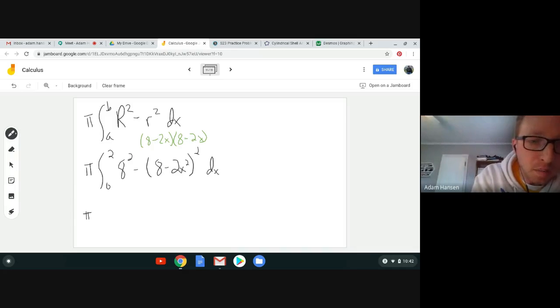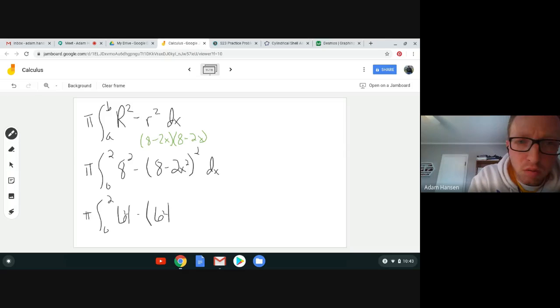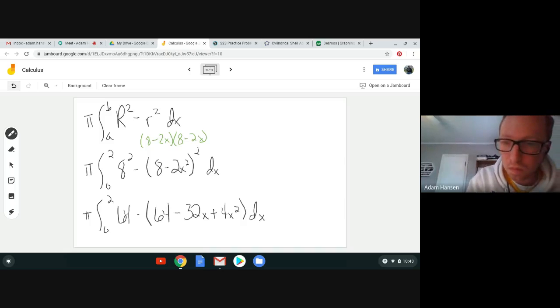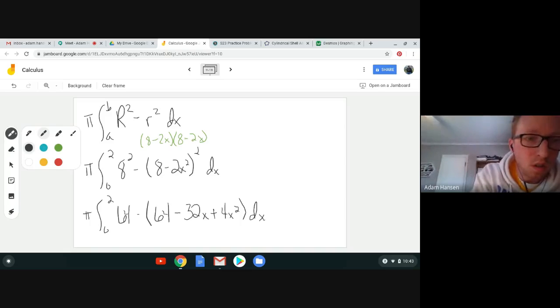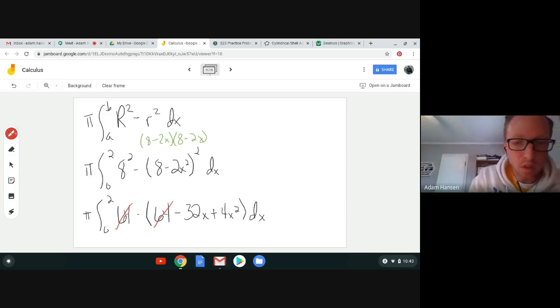So pi times the definite integral from 0 to 2 of 64 minus quantity 64 minus 16x twice plus 4x squared. So the 64s are eliminated. This looks like positive 32x minus 4x squared.